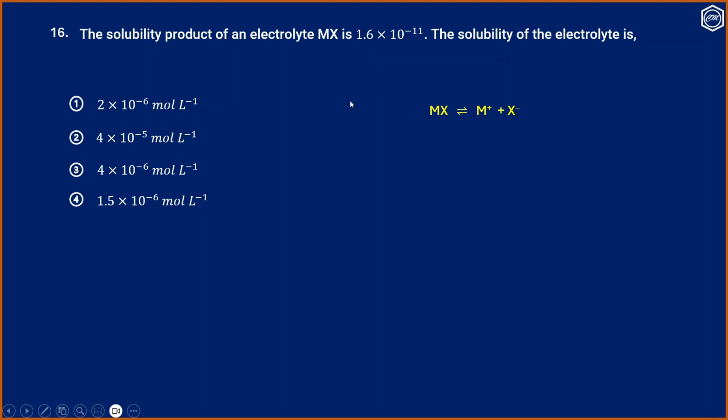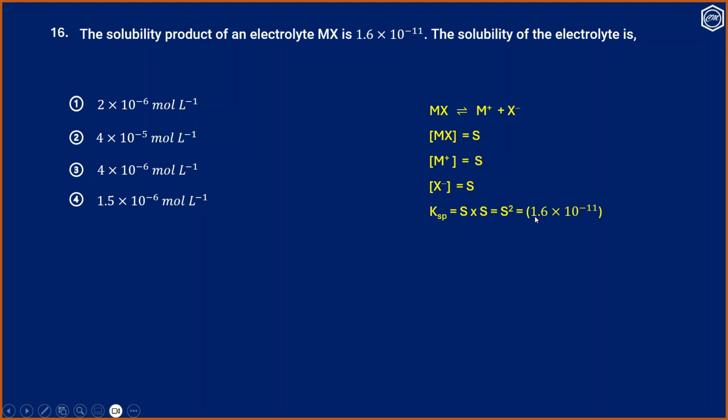Let the electrolyte MX dissociate as MX giving M+ and X-. 1 mole of MX gives 1 mole of M+ and 1 mole of X-. Let the concentration of MX be S. So therefore the concentration of M+ will also be S, and that of X- also will be S. So therefore Ksp is S into S, that is S squared.